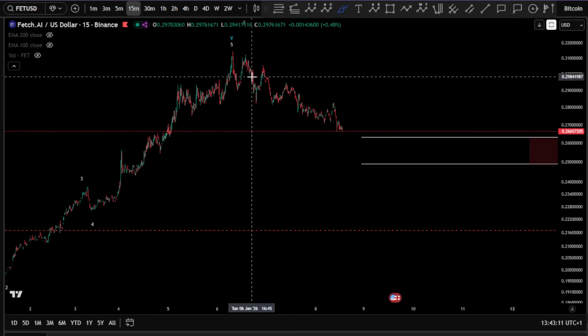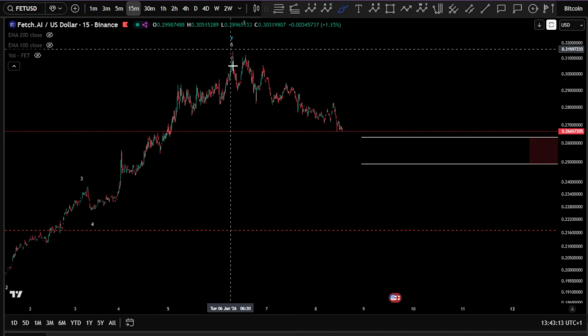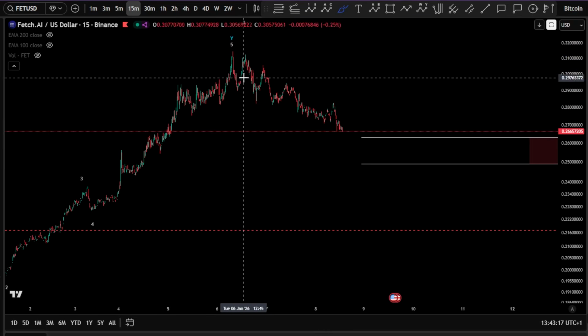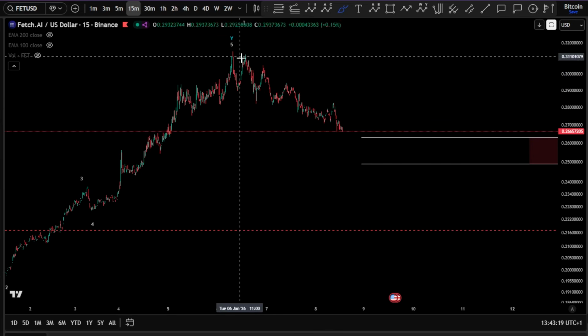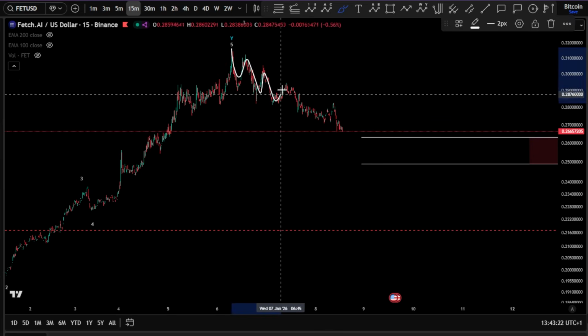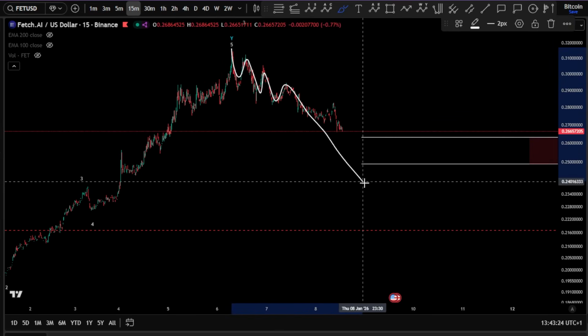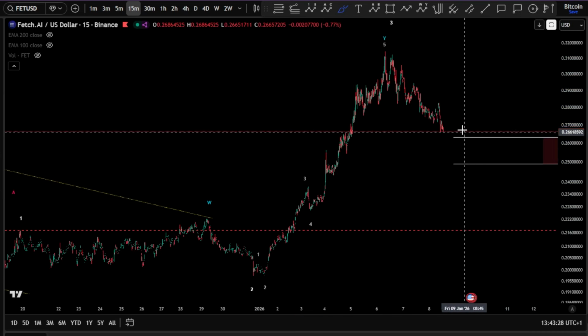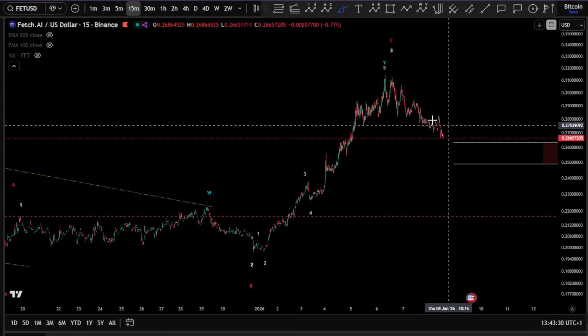It's hard to say that this is a diagonal, guys. A wave 3 much longer than wave 1 is not allowed. So it's very likely that those are triple 1-2s, and we're looking for a massive wave 3, 4, 5, 4, 5, 4, 5, only in case this is what is going on.